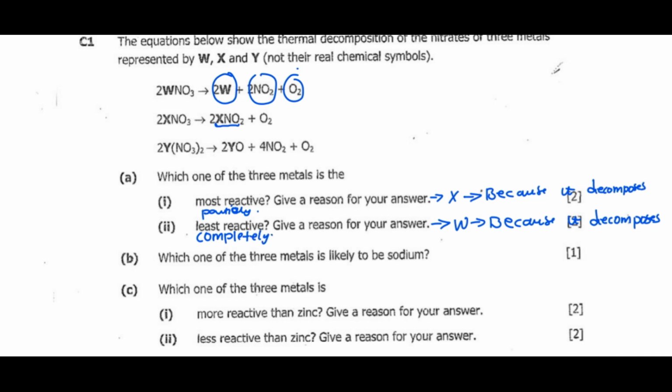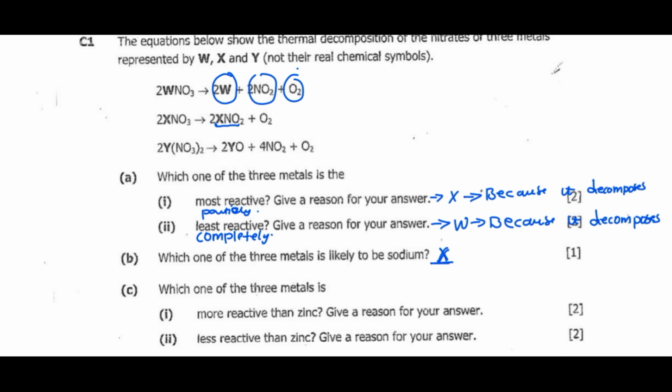Then which one of the three elements is likely to be sodium? So it's X, since we said it's very reactive. And remember, most of the carbonates or maybe nitrates of the stable elements do not decompose, and if they do, they just decompose partially.